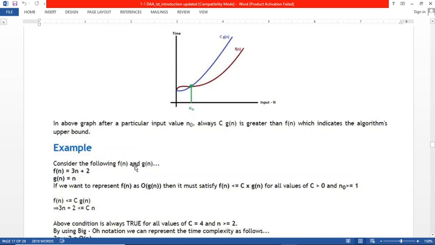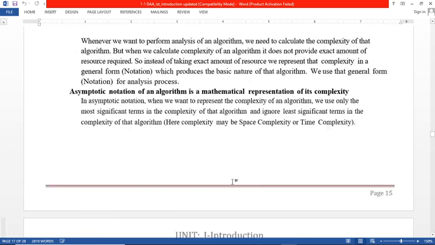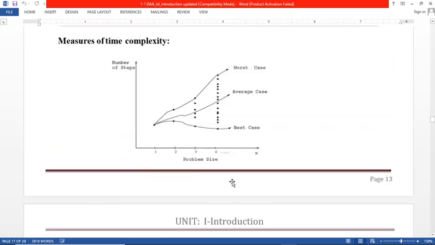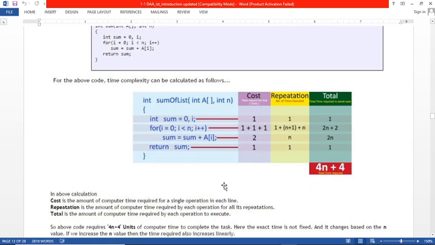So here I will show you how we get this 3n plus 2. In the last class we solved the time complexity of our algorithm. I will go up and show you here. Like this we solved and we got 4n plus 4.